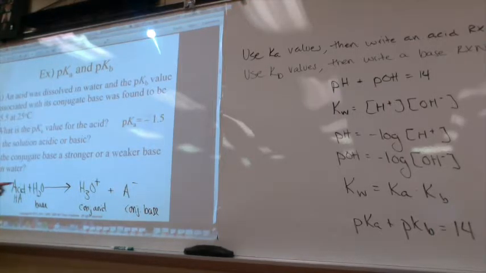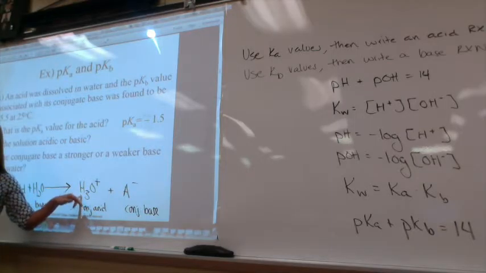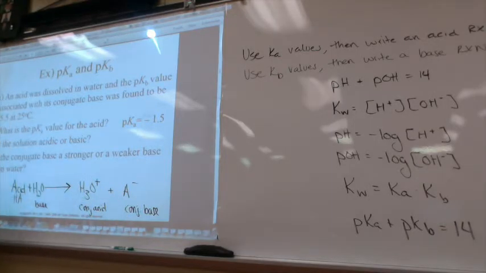So is the conjugate base a stronger or weaker base than water? The conjugate base has to be weaker, right? If it were strong, then it would be competing for the H+, and it would rip it off and drive it back to the left to recreate that acid, wouldn't it? And then that would be a double-way arrow, and we would have a weak acid.